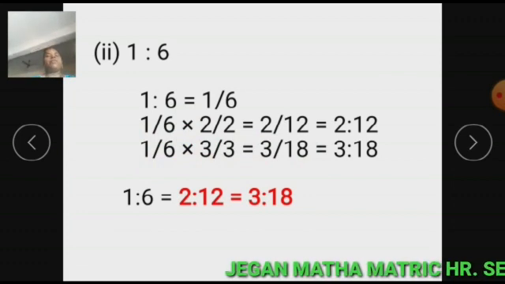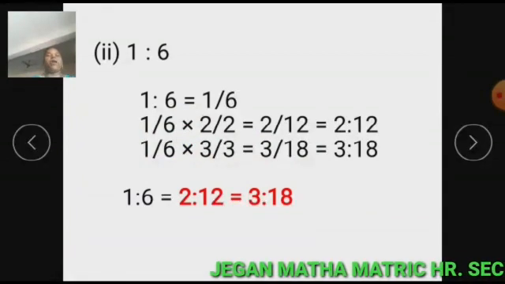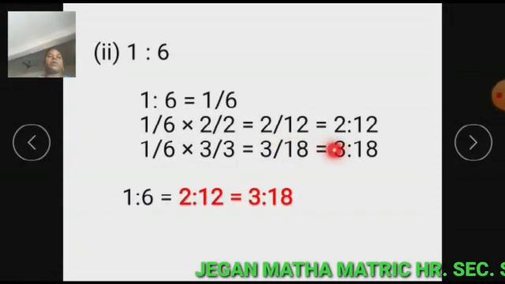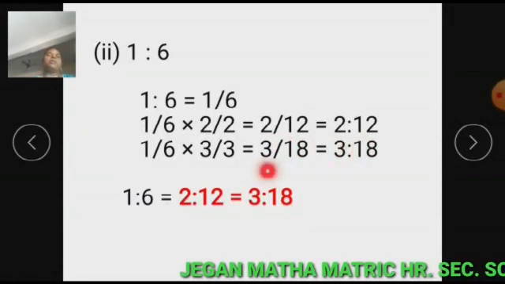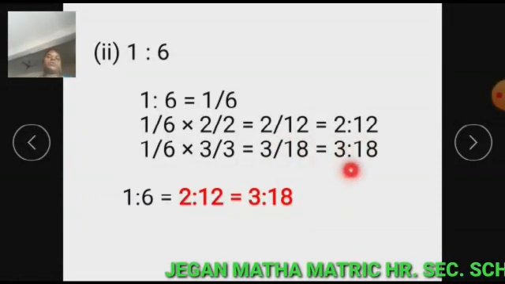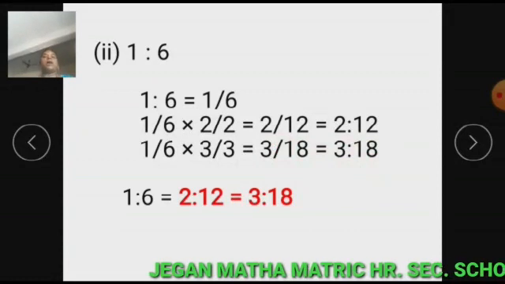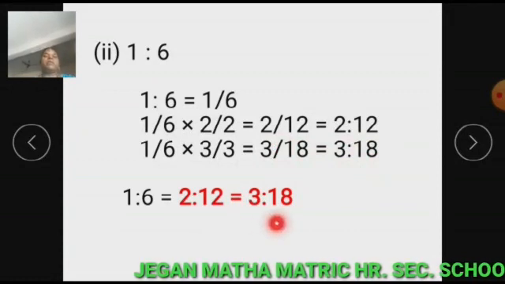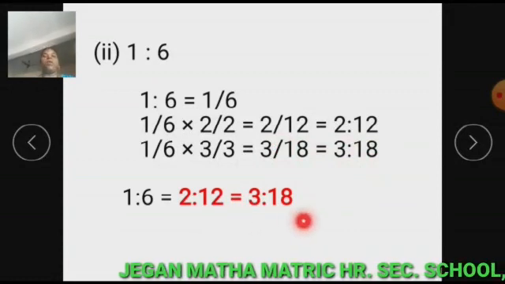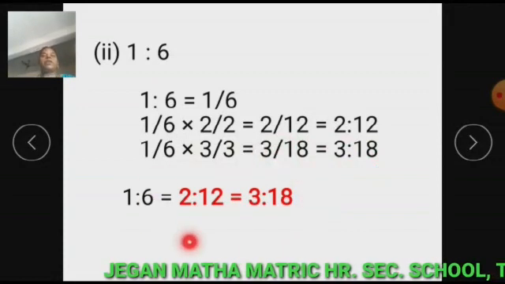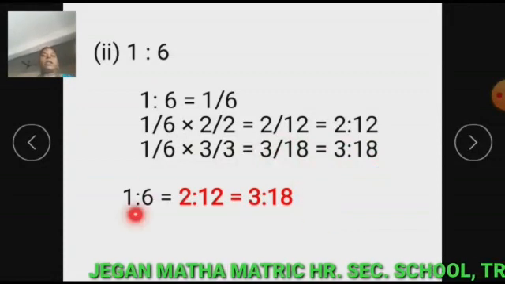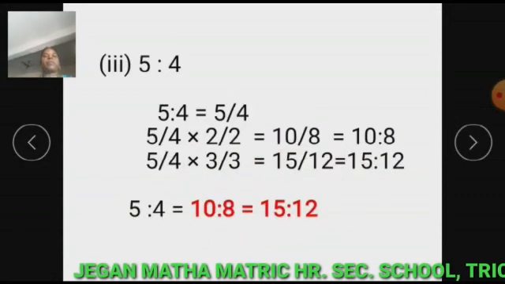Now the fraction form write in ratio form. 2 by 12 equal to 2:12 and 3 by 18 equal to 3:18. 2:12 and 3:18 are the equivalent ratios of 1:6.